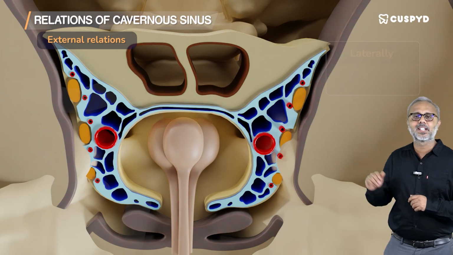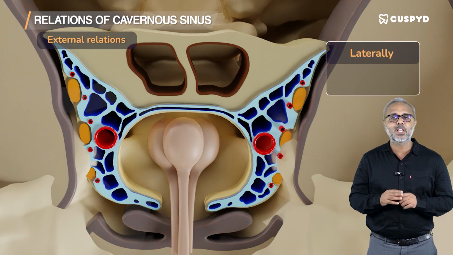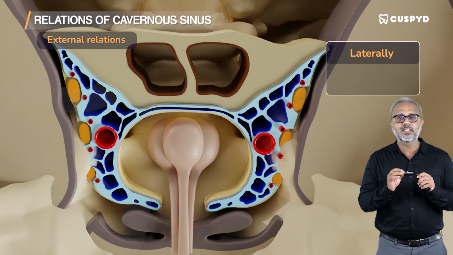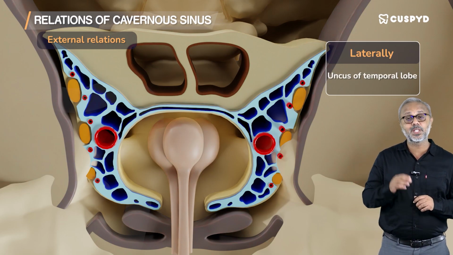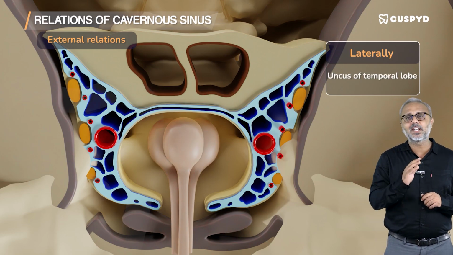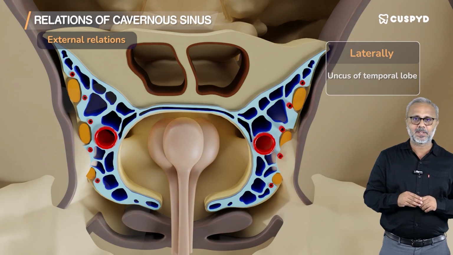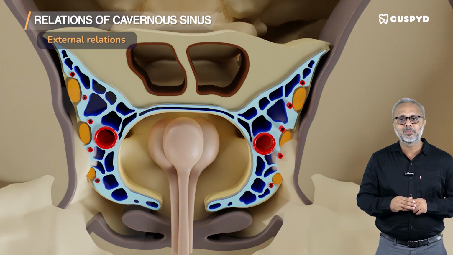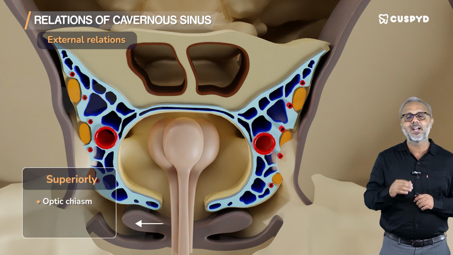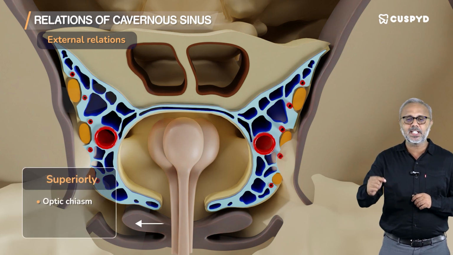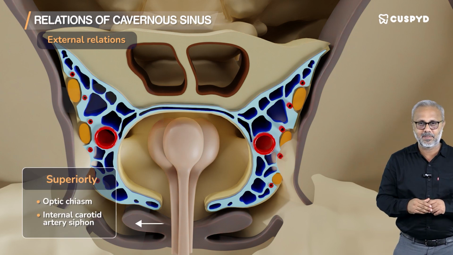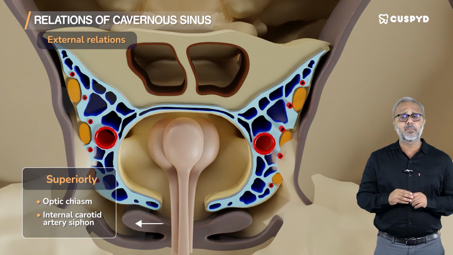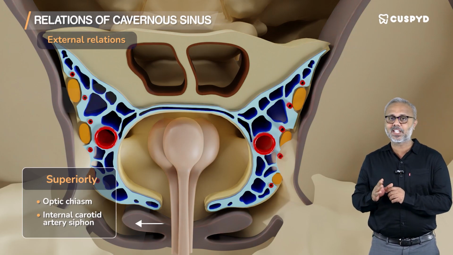If you see the lateral relations, they are mainly the uncus of the temporal lobe. This is one important lateral relation of the cavernous sinus. The cavernous sinus above is related to the optic chiasma and the internal carotid artery siphon. These are some of the important external relations of the cavernous sinus.